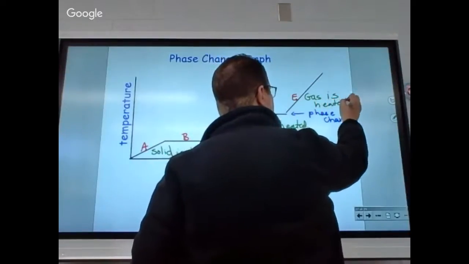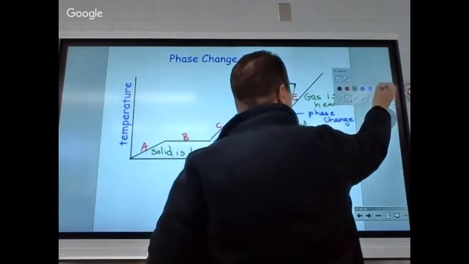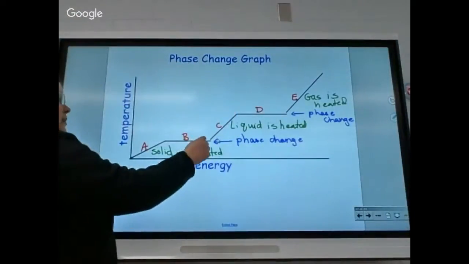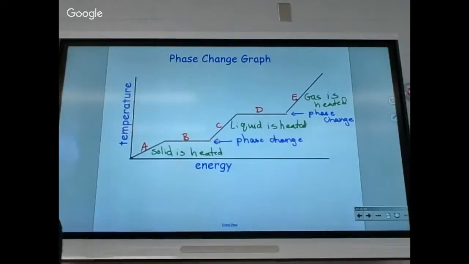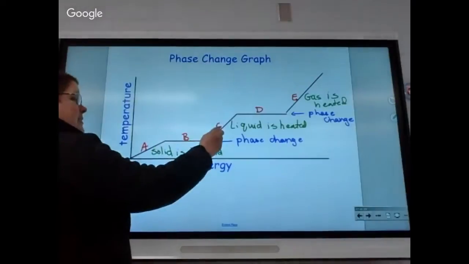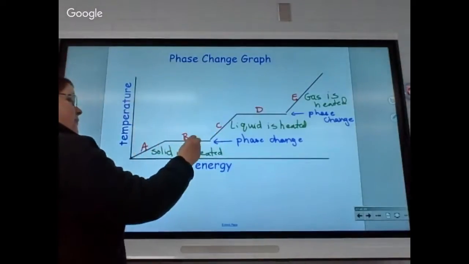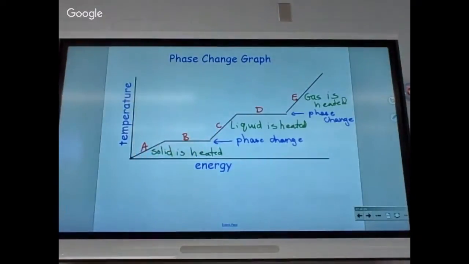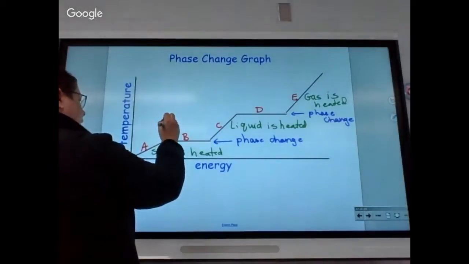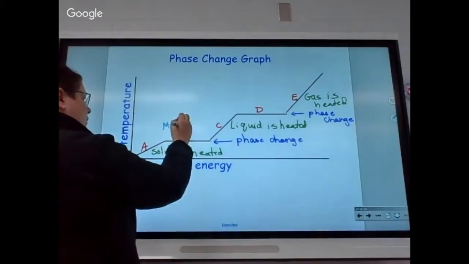Now, I point this out because we need to label the phase changes. We know B is a flat spot. It's a phase change. But now that you know A is a solid and C is a liquid, what phase change is B? Melting is great. So that's melting.